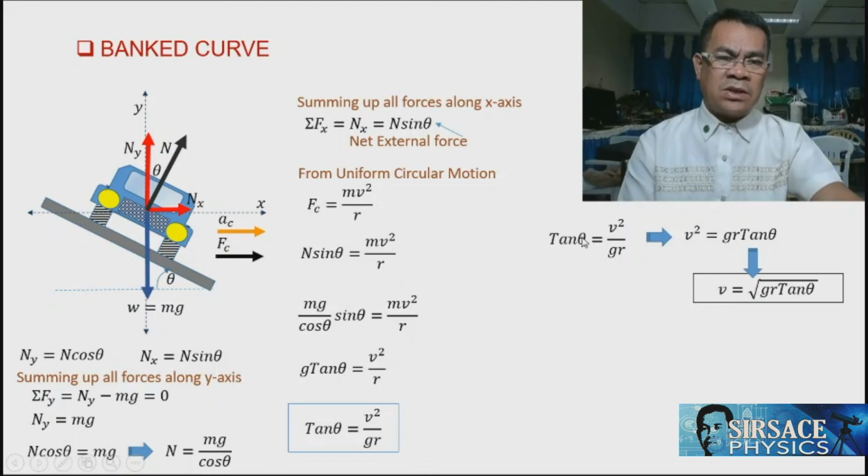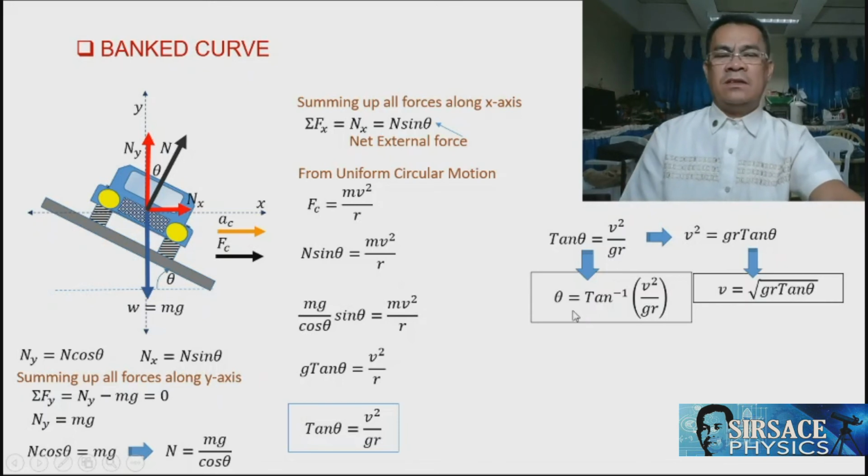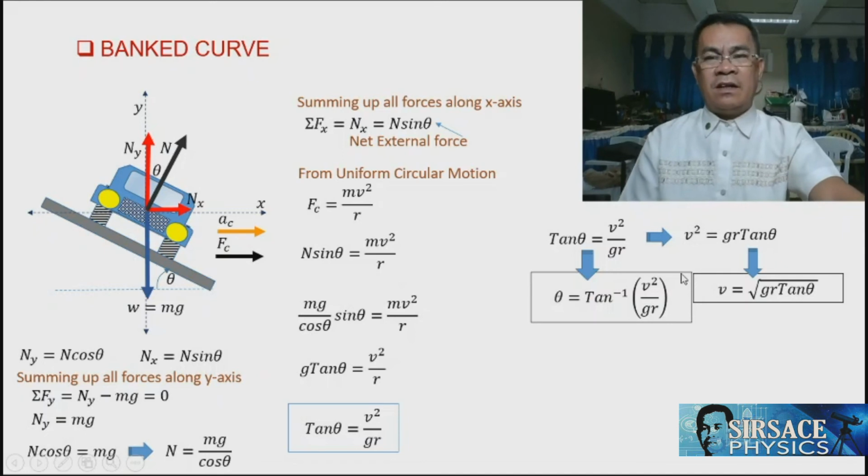Take note that we can solve this angle by taking the inverse tan of v squared over gr. So substitute the velocity here, substitute the radius, then take the inverse tan, and you will be calculating the bank angle. Okay? So, this is it. These are the formulas, the important formulas in the bank curve road problem.